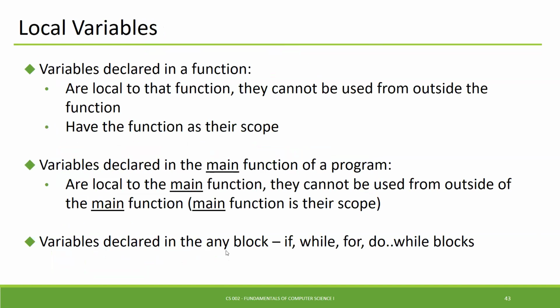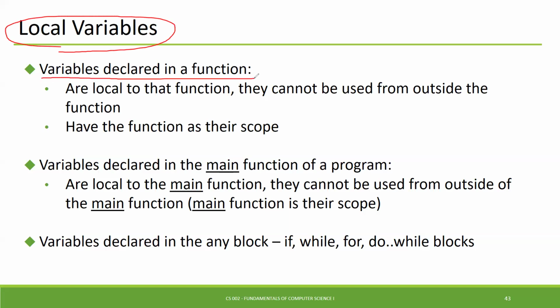And this is important: local variables. I talked about this before, but I will explain the whole thing. Local variables means the variables declared in the function, or in the block.